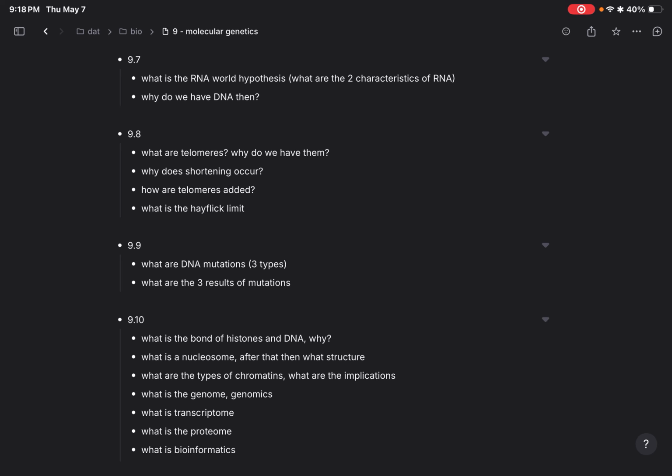So how are telomeres added? Telomerase is the enzyme. It acts as a scaffold.